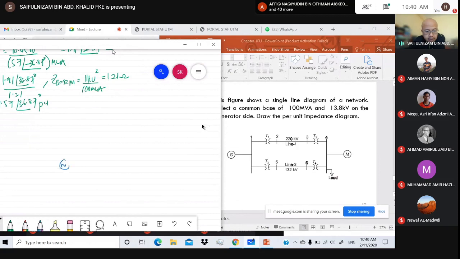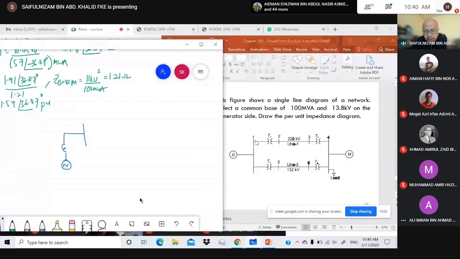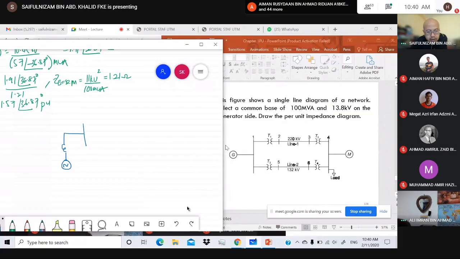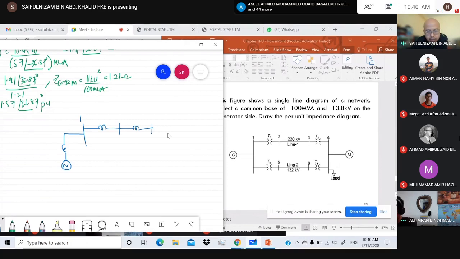So generator, you can draw the terminals of the generator, and then go to this bus bar. This is bus 1, or main bus bar. Then go to the T1 reactance. So this is bus 2, a small bus. And then the line reactance, and then this is bus 3.